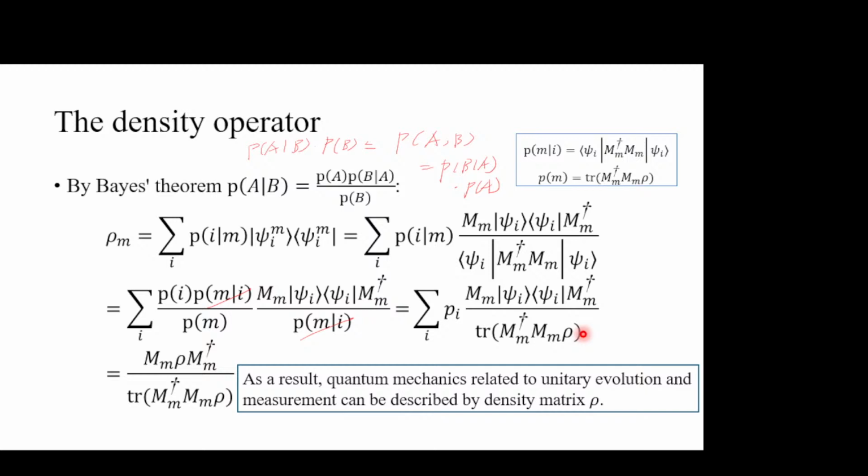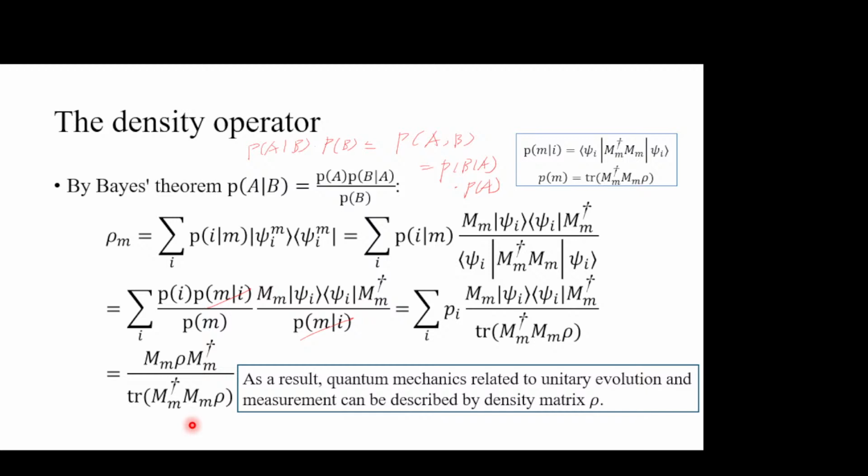Finally, we see that the things that depend on i can be grouped together as the sum over i of p_i and this psi, and we know that's the density matrix rho. So we put this summation of p_i inside together with this psi, and once again that becomes rho. We see that the post-measurement density matrix only depends on the input density matrix: it is M rho M dagger, divided by the trace of M dagger M rho.